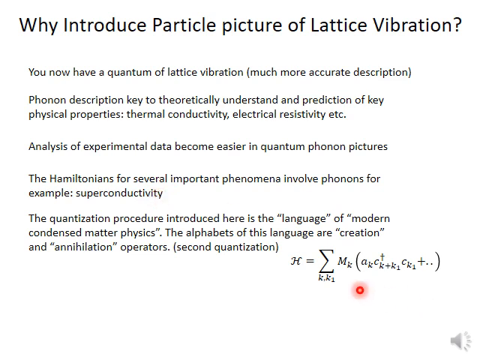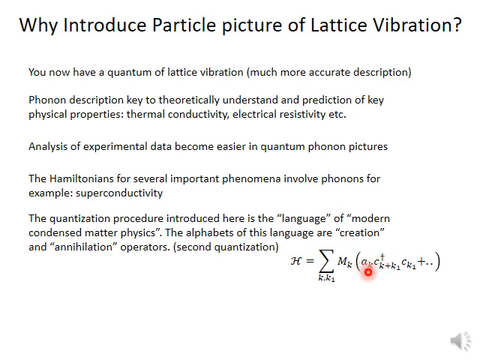As an example, as I said earlier, superconductivity would need the phonon picture to describe its processes. So the Hamiltonian in advanced condensed matter looks something like this, which has these creation and annihilation operators.